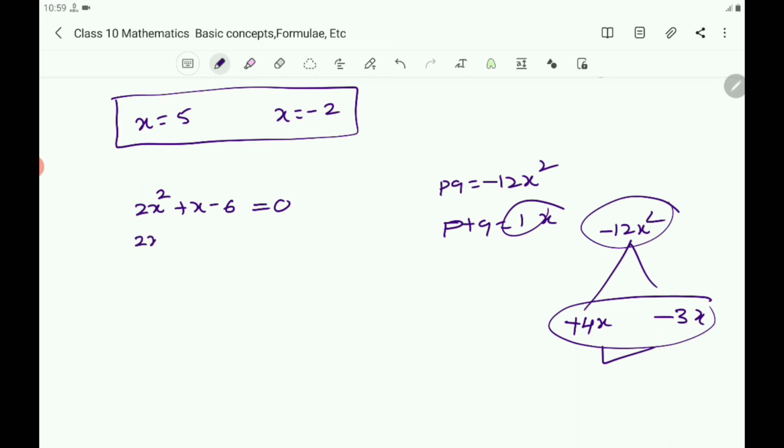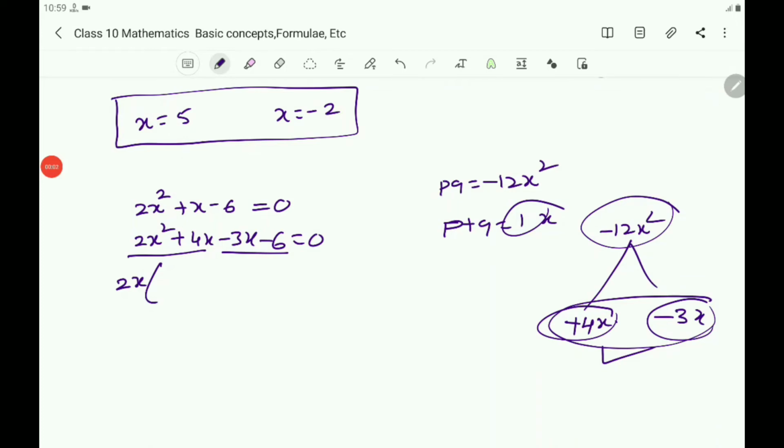Then you write 2x square plus 4x minus 3x minus 6 equals 0. Now you take the common factor out of these 2 and out of these 2. So 2x is common: 2x into x plus 2x into 2, because 2x into x is 2x square and 2x into 2 is 4x.